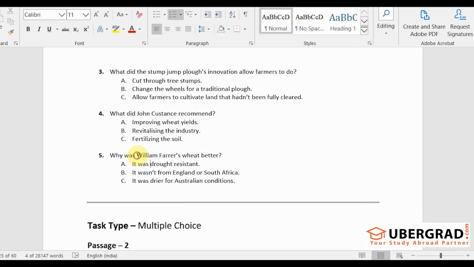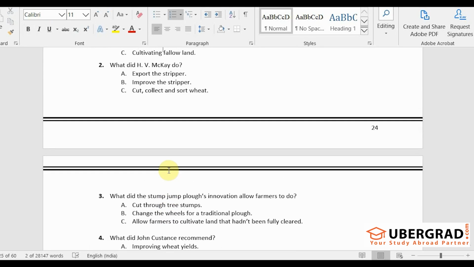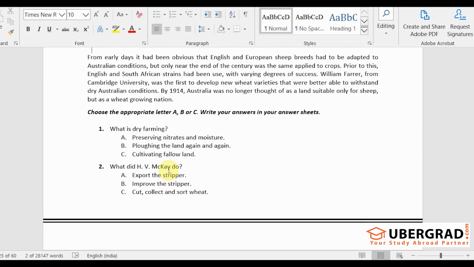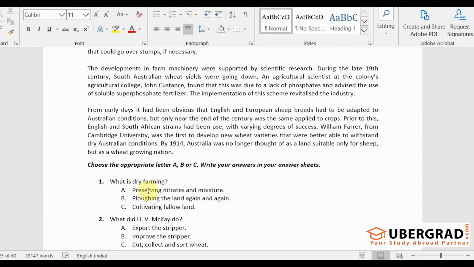Why was William Farrer's wheat better? This is also a very interesting question. Let's see. Our keyword can be William Farrer. Let's search for William Farrer. William Farrer from Cambridge University was the first to develop new wheat varieties that were able to withstand dry Australian conditions.